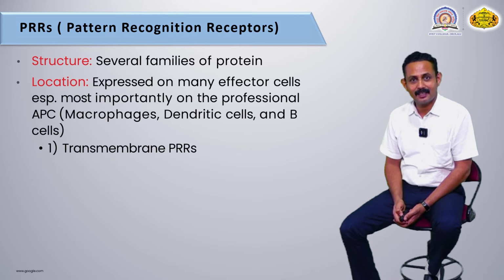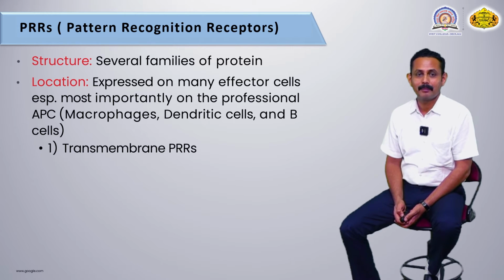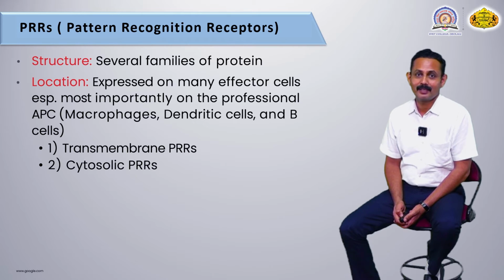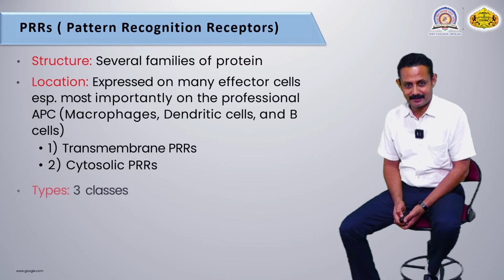So they are generally called transmembrane pattern recognition receptors. And other kinds of receptors are not present in the cell membrane, but they are present in the cytoplasm or cytosol. That's why they are called cytosolic pattern recognition receptors.